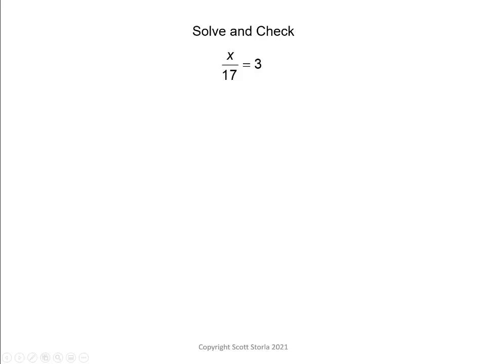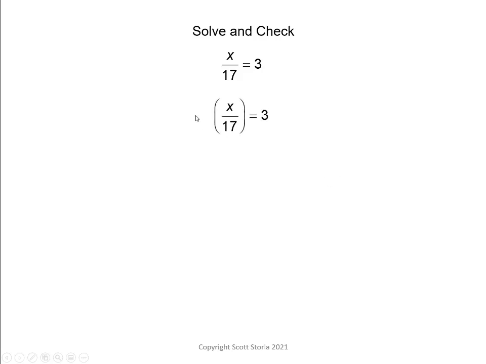Now here's the first one that involves the multiplicative identity. See if you can figure it out. What makes it difficult to see what value x should be is that I'm dividing by 17. To undo that division, I'm going to multiply by 17.